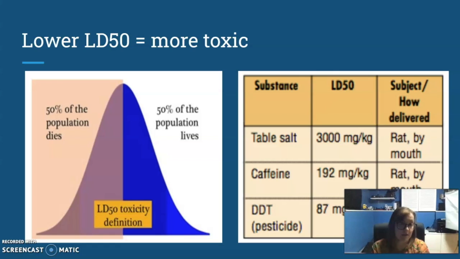So per kilogram for a rat to just be eating table salt. Caffeine, you only need 192 milligrams per kilogram. And for DDT, which we talked about before, it's only 87 milligrams per kilogram. And all of those were taken by mouth. So the lower the LD50, DDT is much more toxic than table salt. So lower LD50, more toxic.